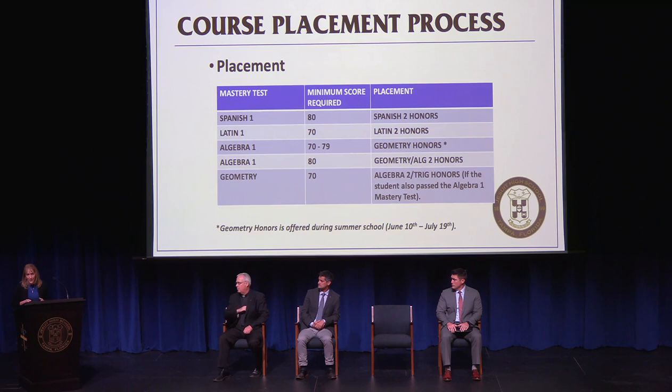And Algebra 1, I'm a science teacher, taught chemistry for many, many years, is a foundational course not only for Algebra 2, obviously, but also pre-calculus and calculus and chemistry and physics. So it's not uncommon for a student to have to take Algebra 1 over again. And it's not that we want to punish him, we want him well prepared to thrive within our curriculum.